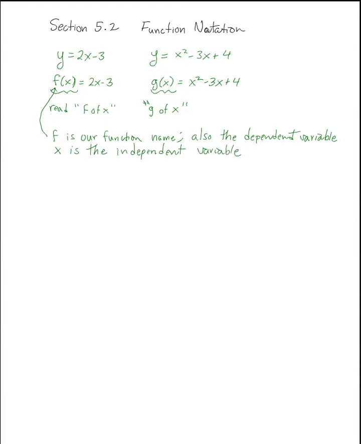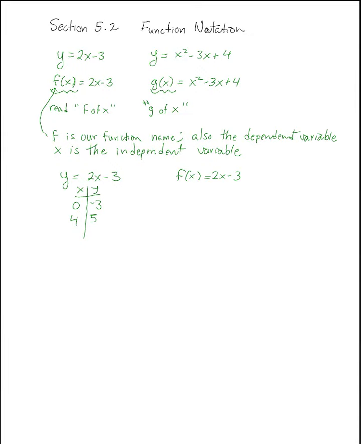Here's something you're used to doing. If I give you y equals 2x minus 3, I might ask you to build a table and plug some numbers in, like 0 and 4. Plug 0 in, you get negative 3. Plug 4 in, 8 minus 3 is 5. I can accomplish exactly the same thing over here.